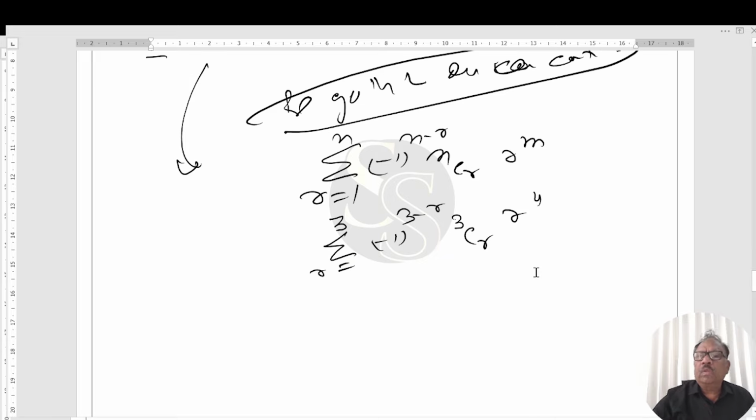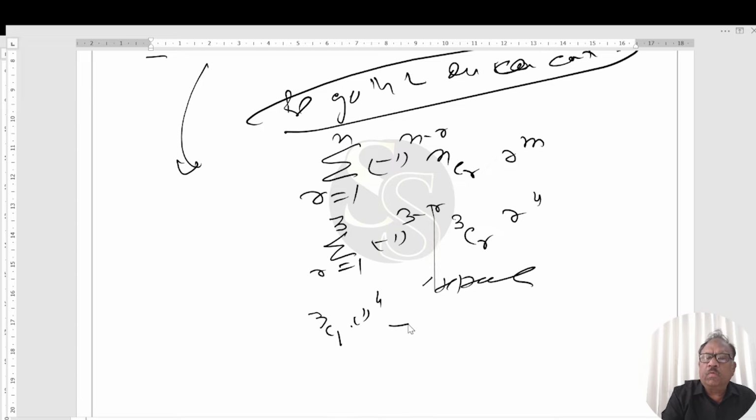Expanding: minus 1 to the power even number gives 1, positive, so 3C1 into 1 to the power 4, minus 3C2 into 2 to the power 4, plus 3C3 into 3 to the power 4.